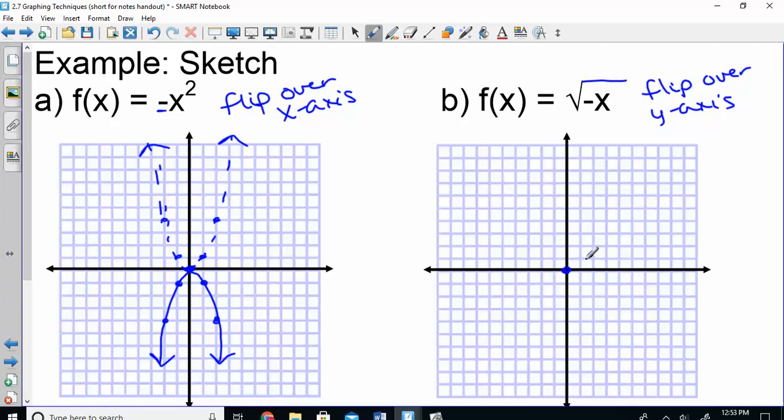So our parent function, the square root graph, square root of 0 is 0. Square root of 1 is 1. 4, 2. If you wanted, you could do 9, 3. If I make each of those x's negative, it's just like folding your piece of paper on that y-axis.